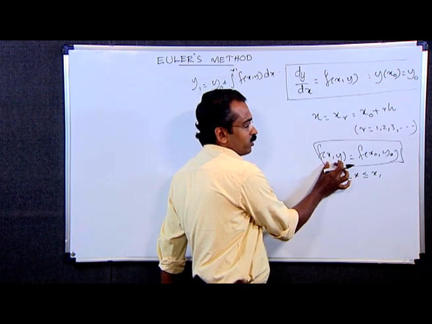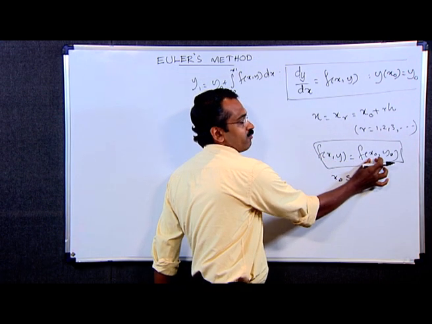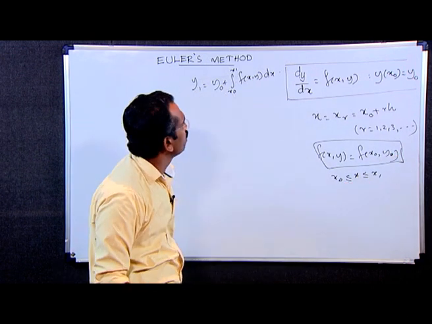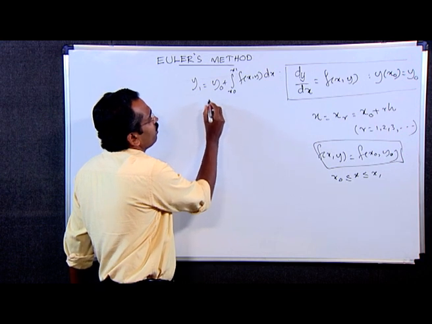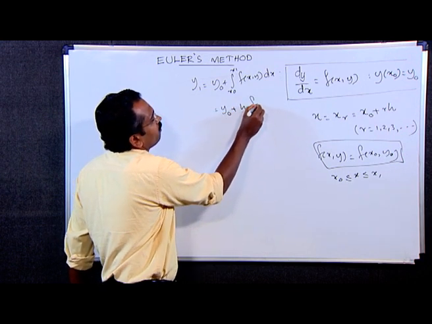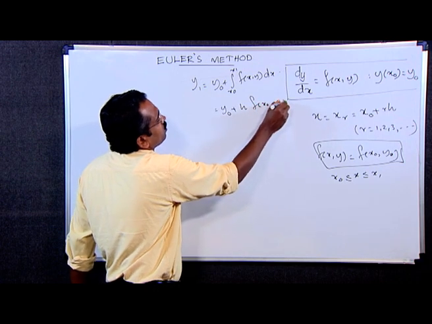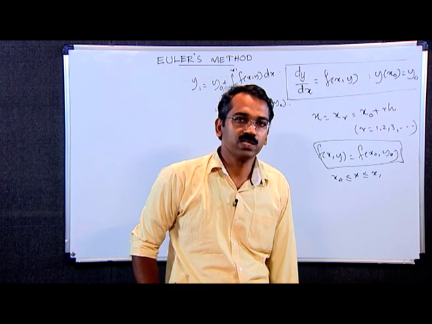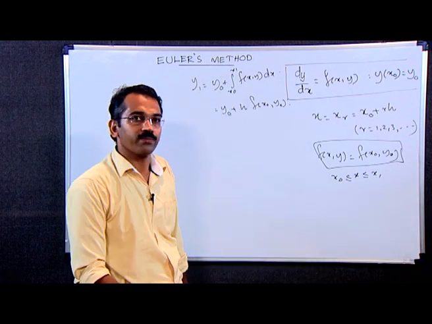If we approximate f of x y as f of x naught y naught in the interval x naught comma x1, we obtain y1 as y naught plus h into f of x naught comma y naught. This is Euler's method.